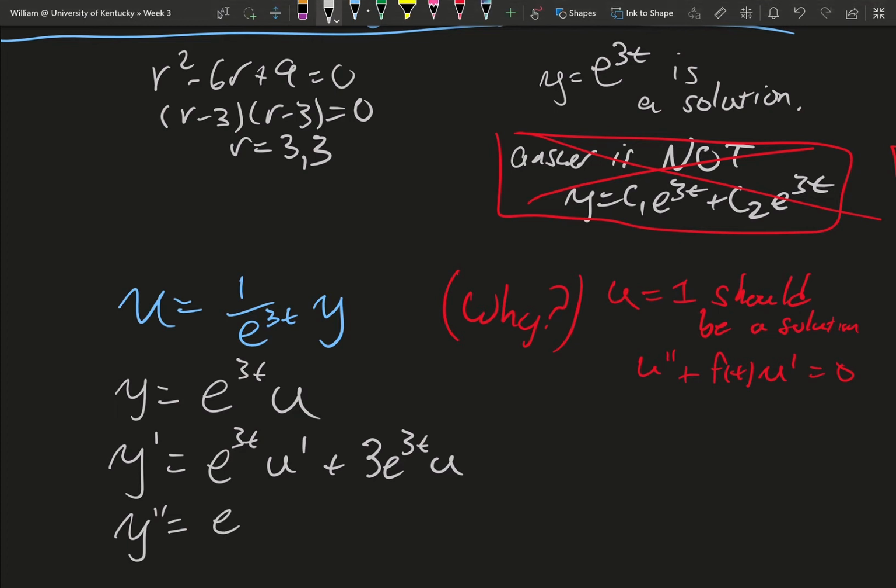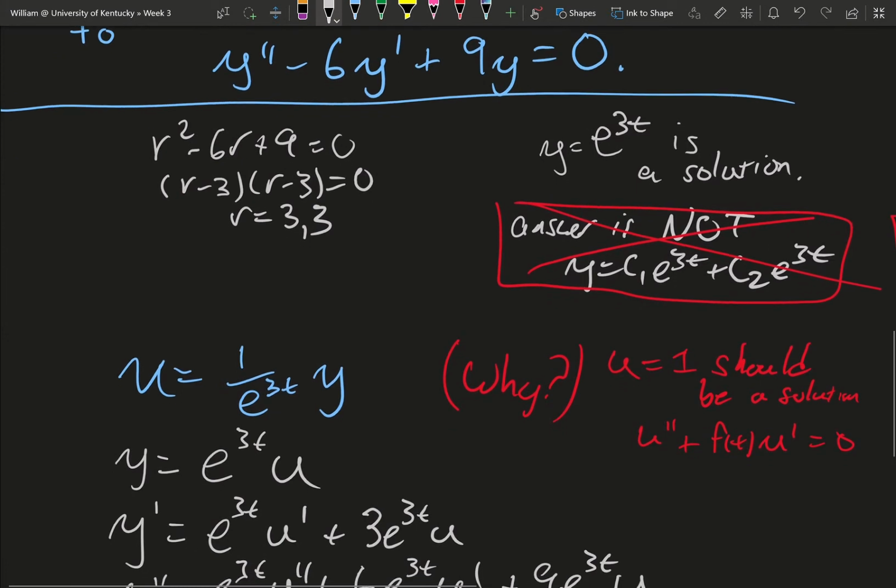And y double prime is e to the 3t u double prime plus 6 e to the 3t times u prime plus 9 e to the 3t times u.